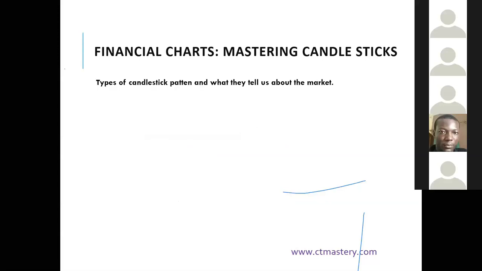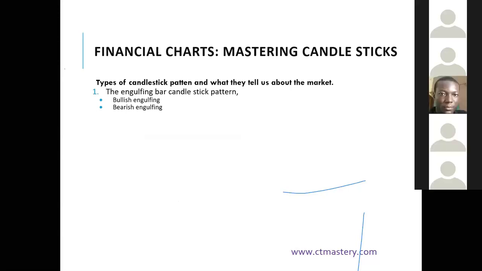That said, we're going to look at the types of candlestick patterns and what they tell us about the market. There are lots of them, but I'm going to talk about the most important ones. One is the engulfing bar candlestick pattern. There are two types, the bullish engulfing and the bearish engulfing.